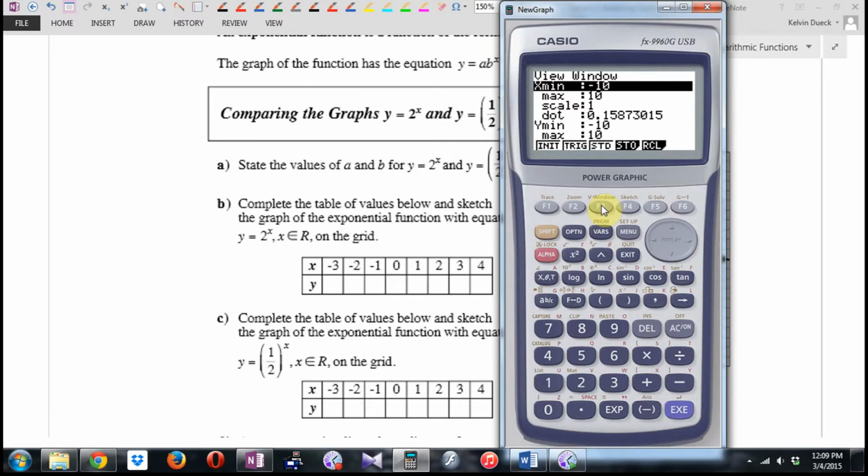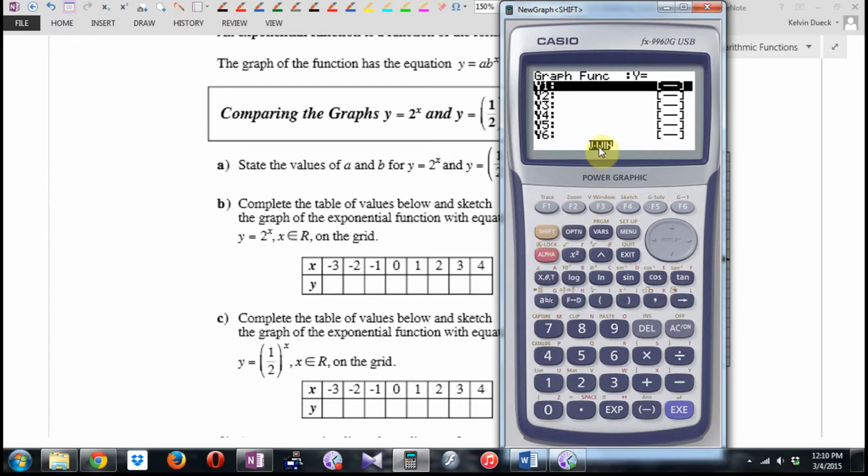Is there anybody that can't get here? Tell me now. Are you able to get to this screen? Yes. So, to get to view window, see where my arrow is moving? Look up. View window is in yellow above F3. Anything yellow means shift.